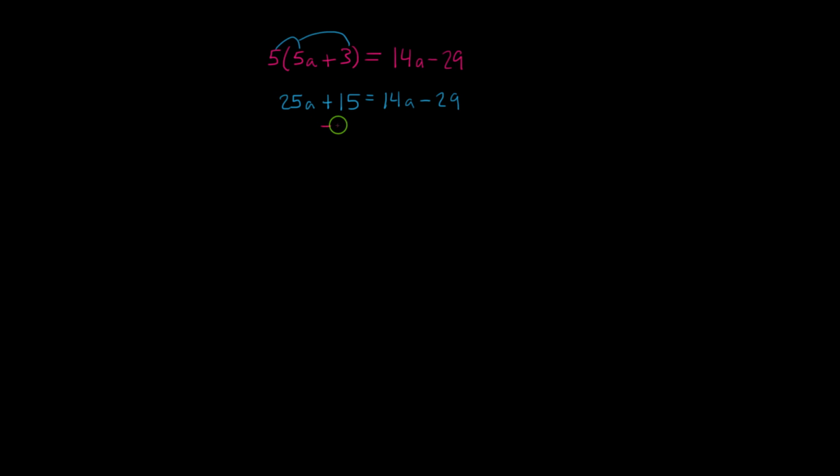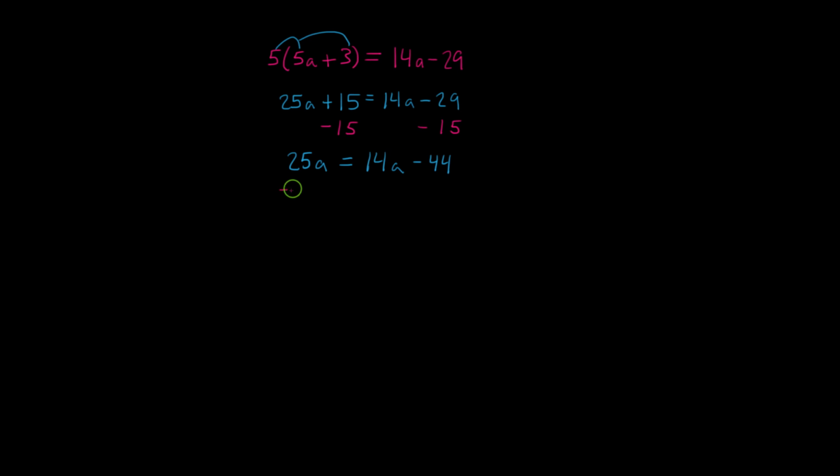So I'm going to subtract 15 from both sides. I'm left with 25a is equal to 14a minus 44.